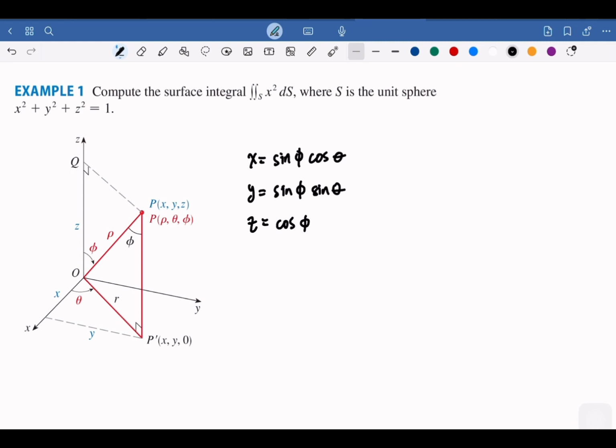For z you can see it clearly from this side here. The radius is 1, and the angle phi goes only from 0 to pi, but theta goes from 0 to 2 pi.